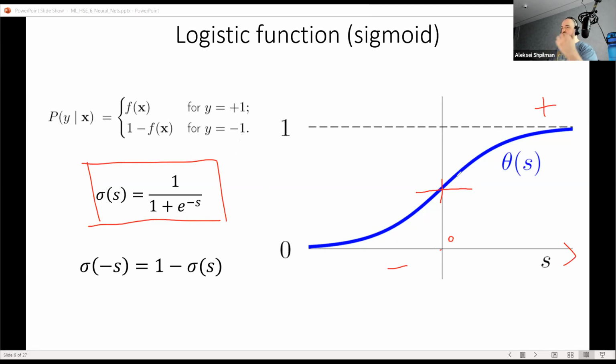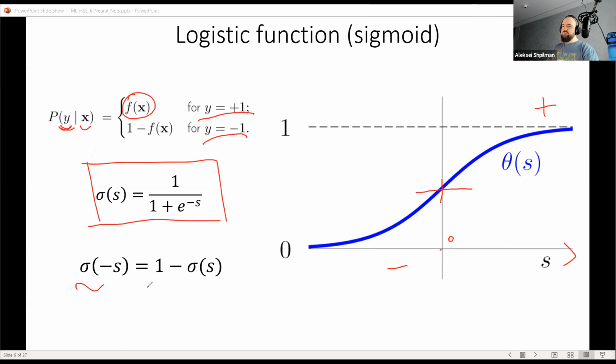And now we can reformulate that function to be the probability of a point belonging to a positive class, right? So we can say, okay, the probability of x belonging to a positive class is f of x. So if y is positive, then this probability is just f of x. And the probability of it belonging to a negative class is 1 minus f of x, right?